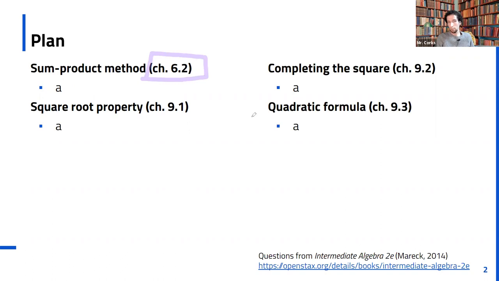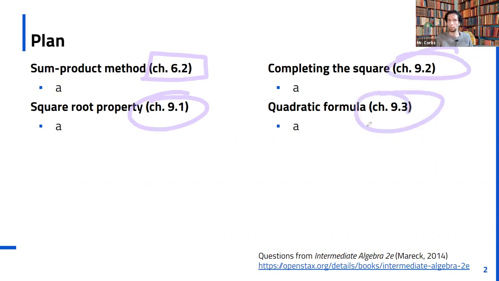But chapter 6.2 had a bunch of shortcut methods, like that sum product method that we saw, and it has some more, but they're just clever things, and they're only going to work nicely if you're dealing with integers. If you have solutions like we just had, like -5 plus √3/2, you are never going to find that with some shortcut method, not in 100 years. So that's why these other ones are a little more powerful, a little more flexible, a little more important to learn.